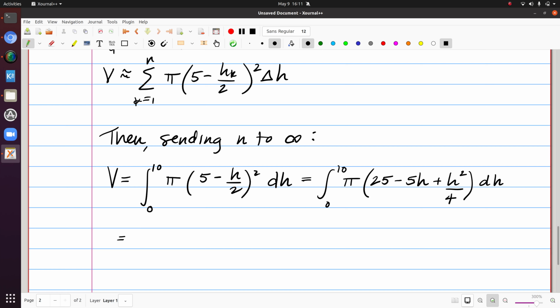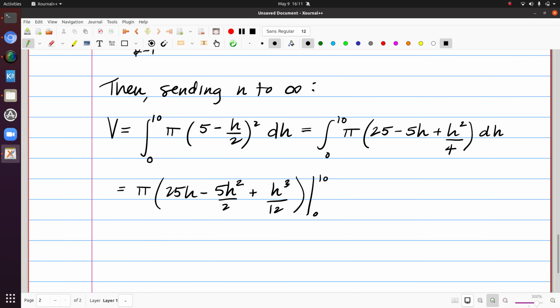And then we're going to have, let's see, antiderivative is going to be 25h minus 5h squared over 2 plus h cubed over 12. We're going to evaluate that from 0 to 10.